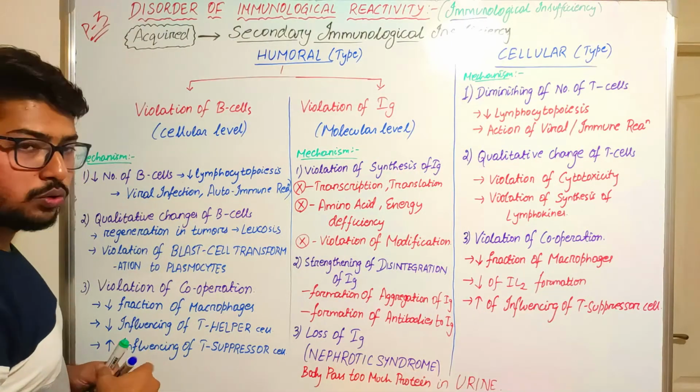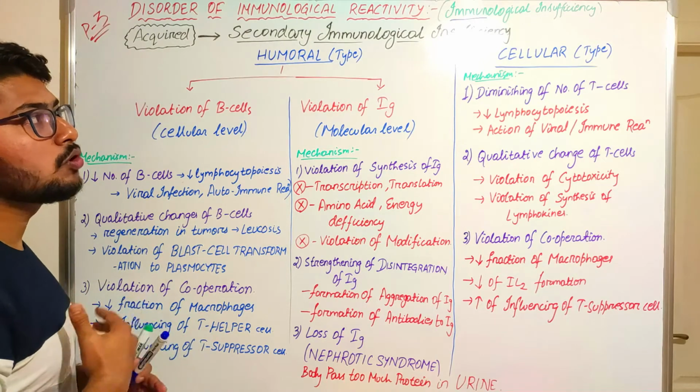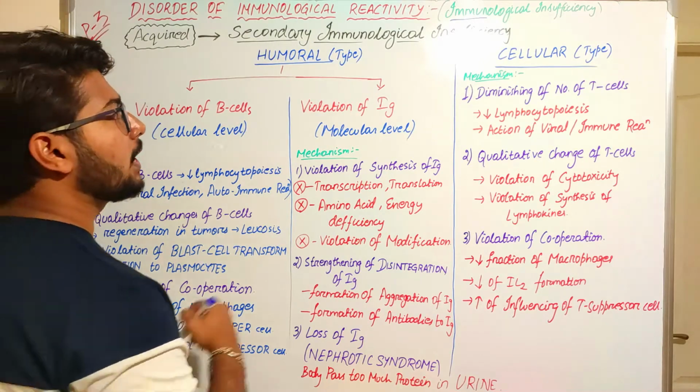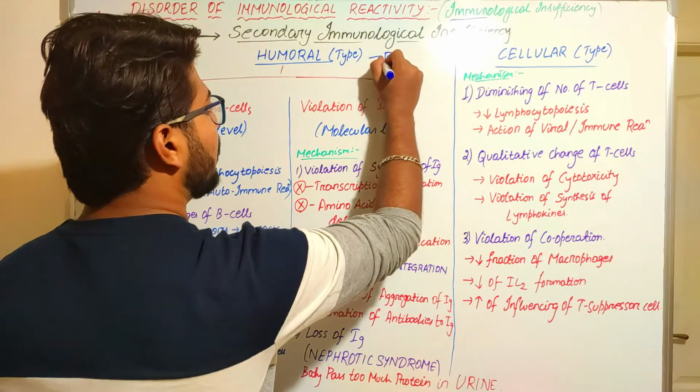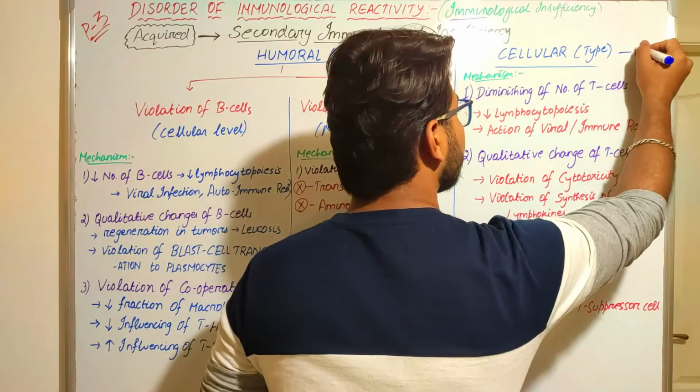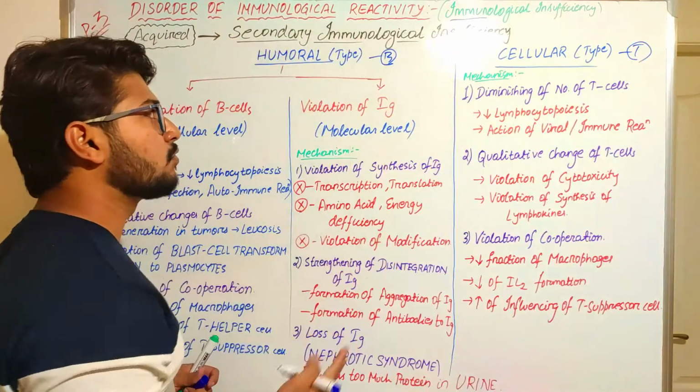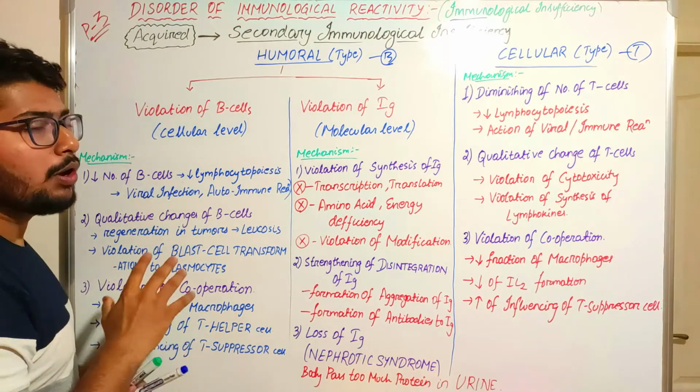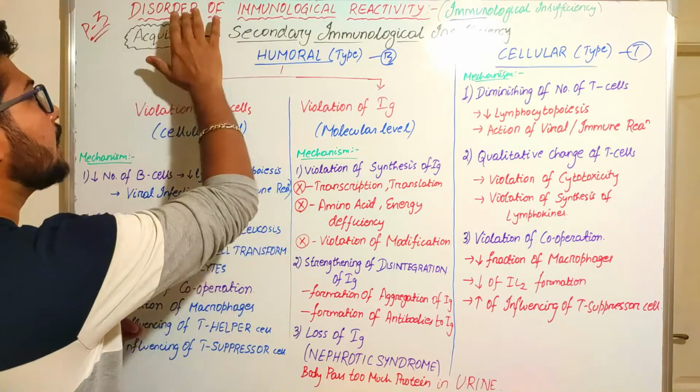The humoral reaction is shown by B lymphocytes, and the cellular reaction is shown by T lymphocytes.